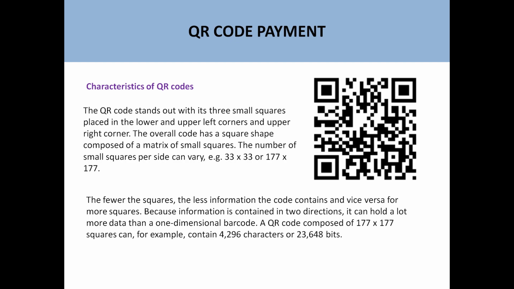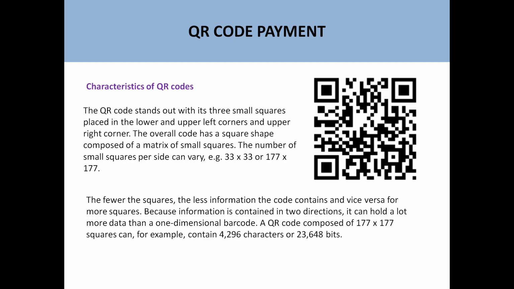The number of small squares per side can vary, for example 33 by 33 or 177 by 177. The fewer the squares, the less information the code contains, and vice versa. More squares means more information, fewer squares means less information. Because information is contained in two directions, it can hold a lot more data than a one-dimensional barcode.